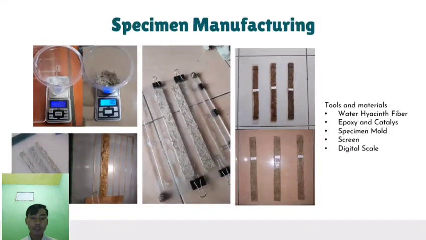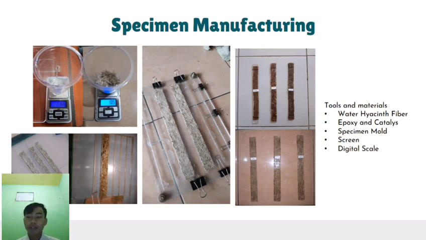Specimen manufacturing. In specimen manufacturing, first calculate the volume fraction of fiber and resin. Then prepare a screen and fiber mold and put the calculated fiber on the fiber mold. Then press the fiber, then leave it in the mold.